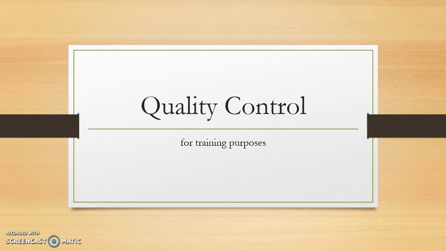For today's lesson, we are going to talk about quality control purposes that have to do with creating, implementing, and delivering training. And not only training, but good quality training, which is very important.